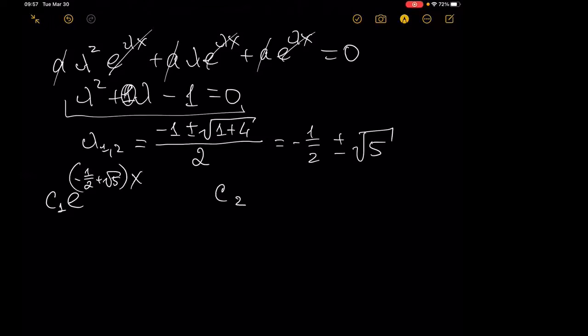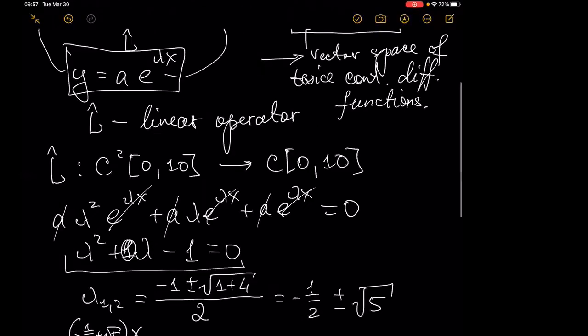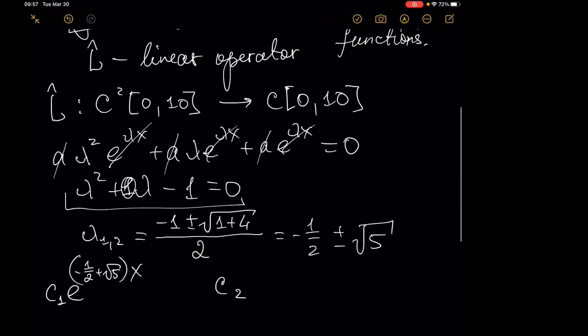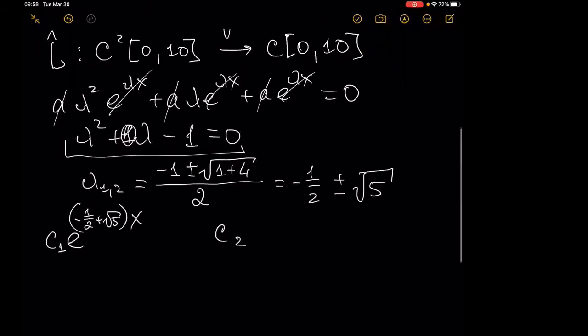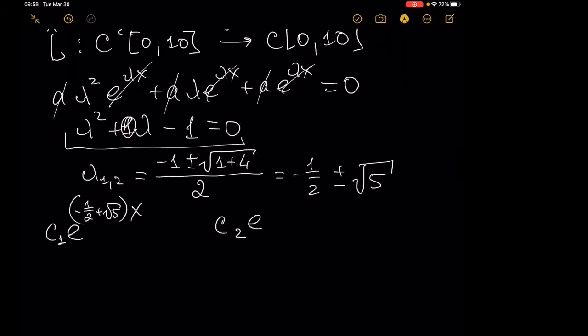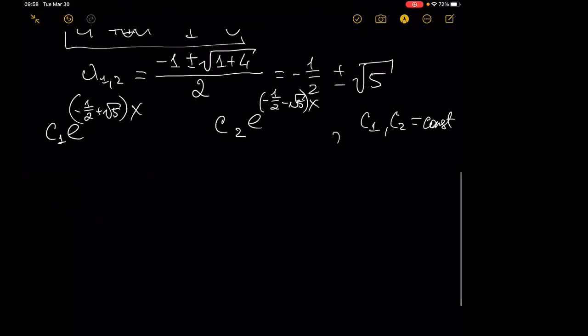And also C2 e to the power of negative 1/2 minus square root of 5, x, is also a solution. C1, C2 are constants. These are solutions.